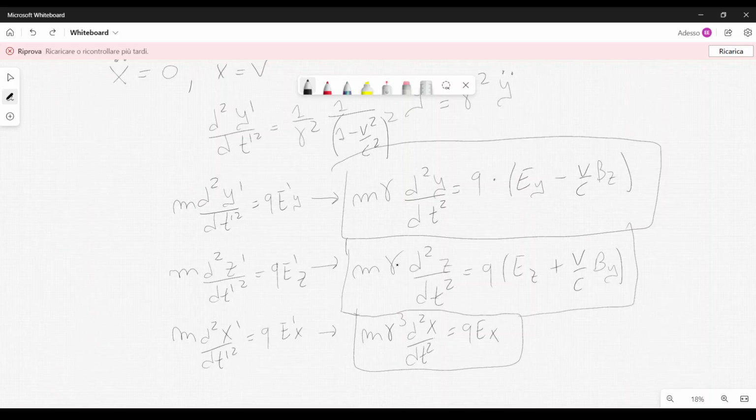We have two concepts of masses. The longitudinal mass is the largest, because gamma cubed is greater than gamma, since gamma is greater than 1. But even the transverse mass is greater than just m, the mass of the electron at rest. So that's an important concept.